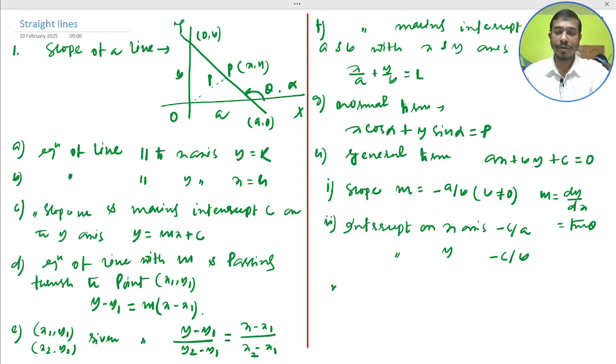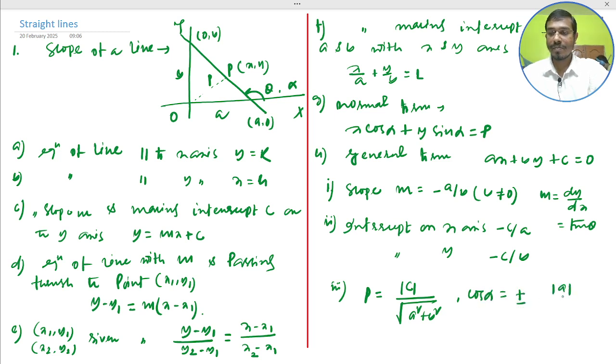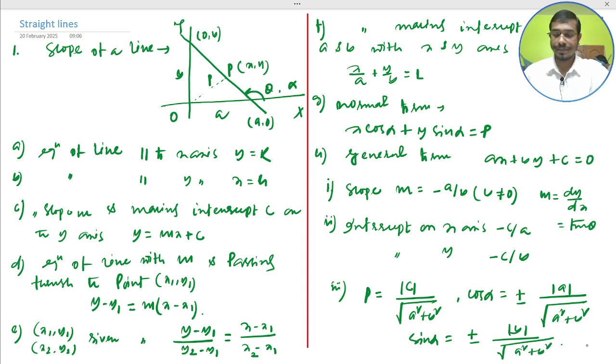And here the p value would be mod c divided by square root of a square plus b square. The cosine of alpha is plus minus mod a divided by root over a square plus b square. And the sine of alpha is plus minus mod b divided by square root of a square plus b square.